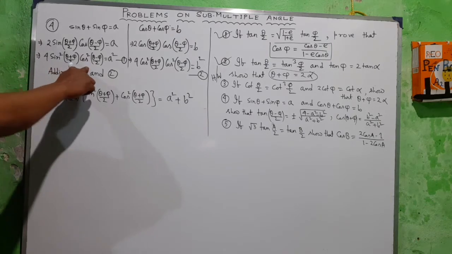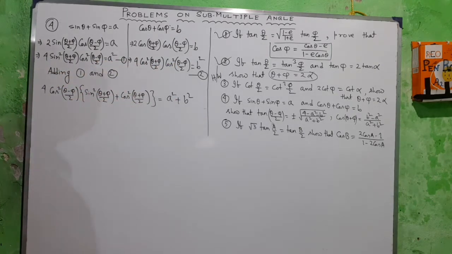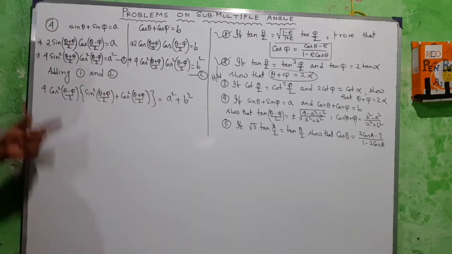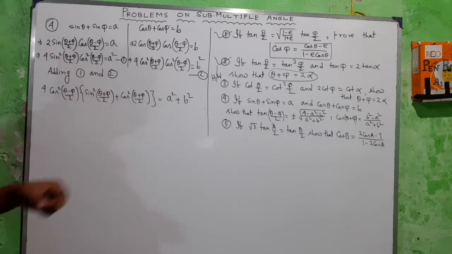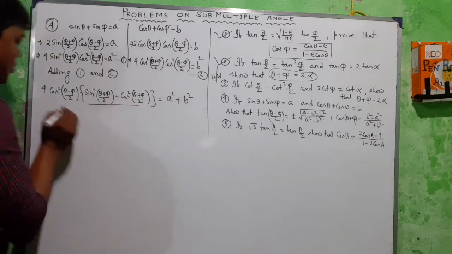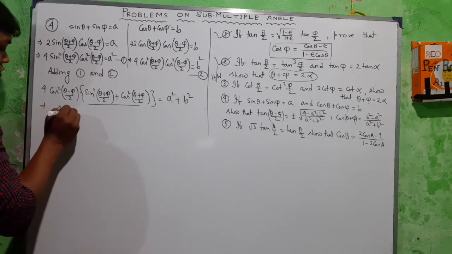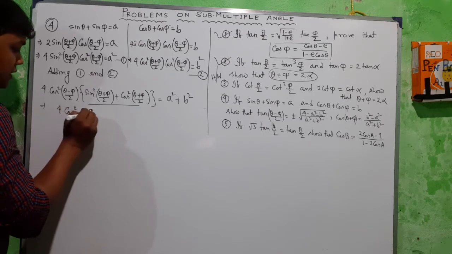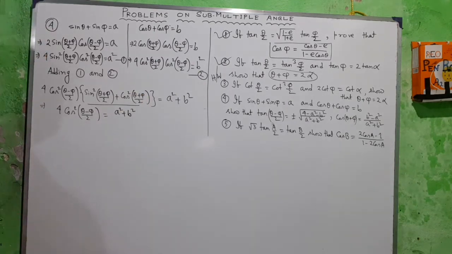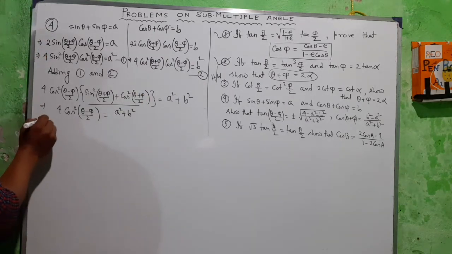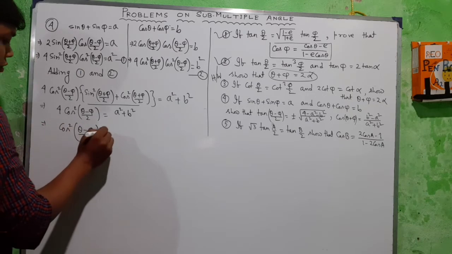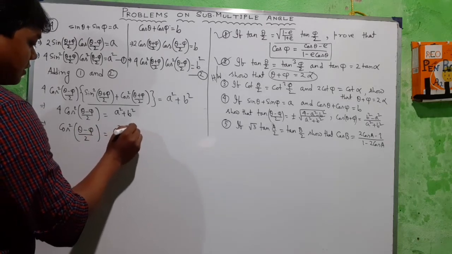Because cos square of (theta minus phi) by 2 in both equations is the common part, we have taken the common part 4 cos square of (theta minus phi) by 2, and that leaves sin square plus cos square of (theta plus phi) by 2. This value is always 1, so we are getting 4 cos square of (theta minus phi) by 2 equals A square plus B square. Okay, so cos square of (theta minus phi) by 2 equals (A square plus B square) by 4.